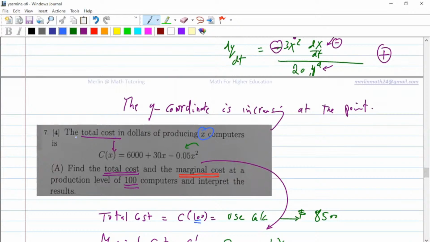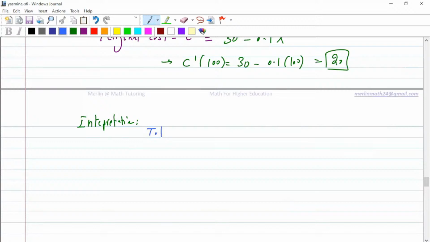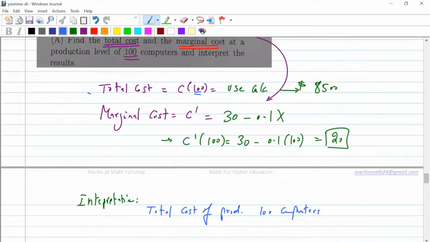So you just copy the same statement given. You say the total cost of producing X, so this is 100 computers. This is how much? Because we have two interpretations here, okay? We have this and we have the marginal. It is $8,500. So now the interpretation for the second, well, how do you write it?